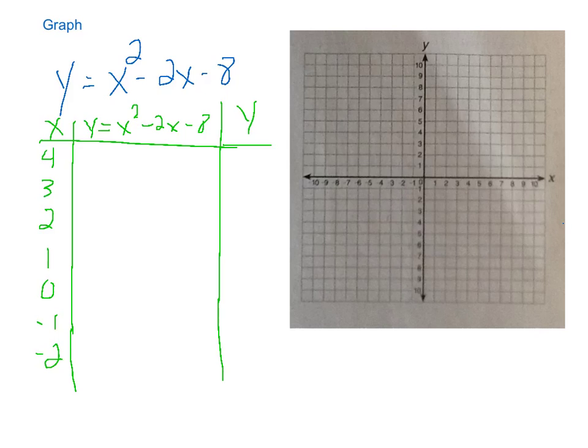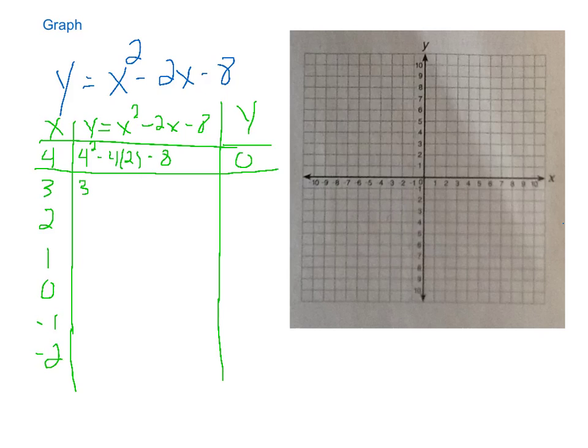If we put 4 in here, we have 4 squared minus 2 times 4 minus 8. Well, that gets us 16 minus 8 minus 8, which turns out to be 0.